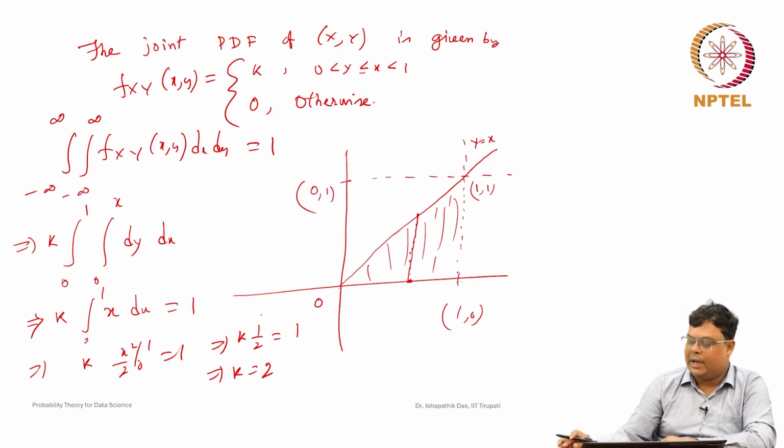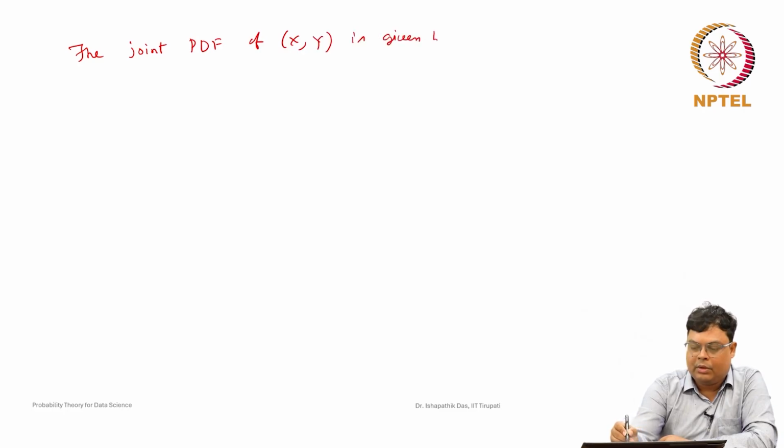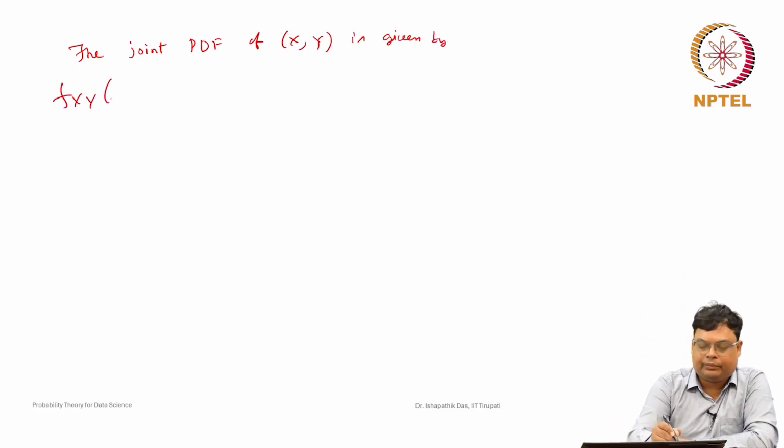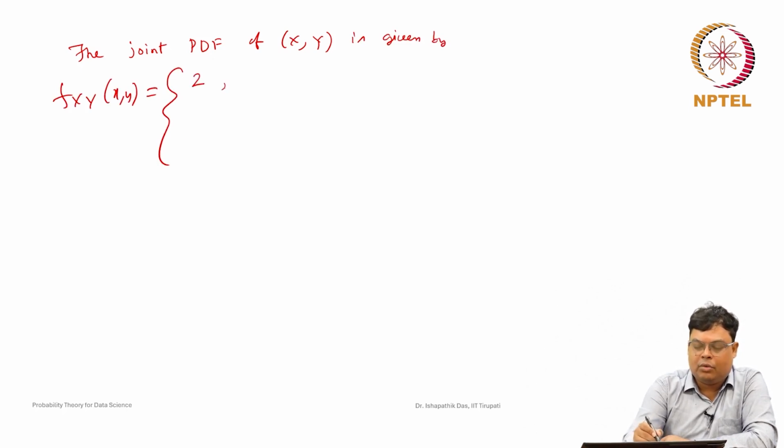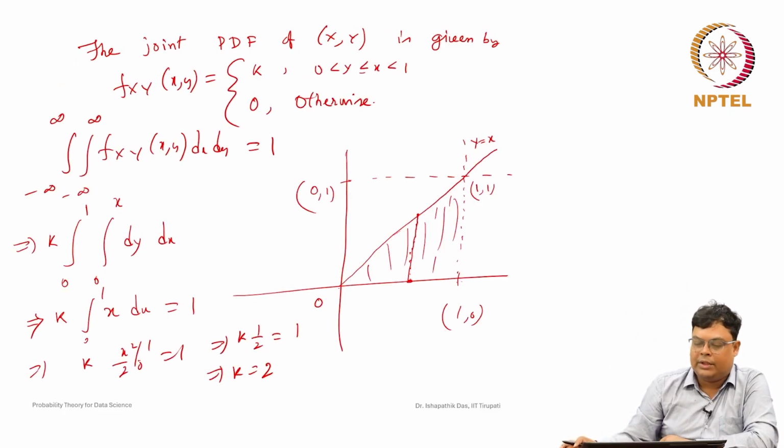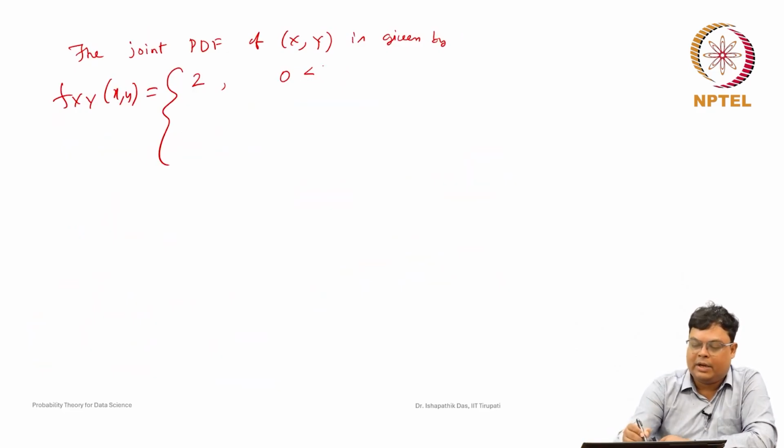So finally, the joint probability density function of x and y is given by 2 whenever 0 is less than or equal to y, less than or equal to x, less than 1.